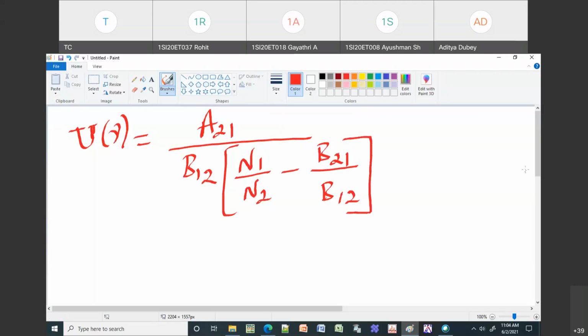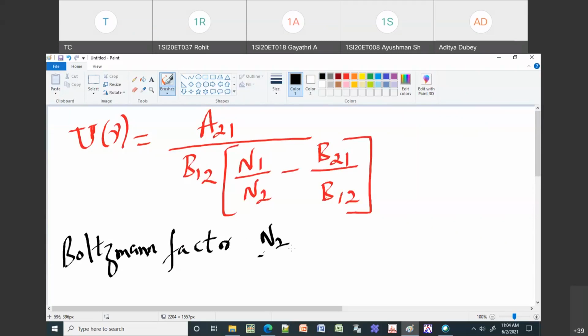Now we want to get rid of this. If you look into this, this is similar to something called your Boltzmann factor. So what is your Boltzmann factor? Boltzmann factor is nothing but your N2 by N1.